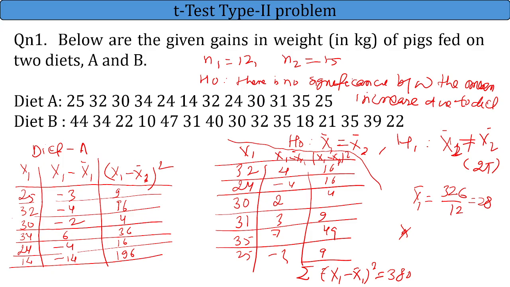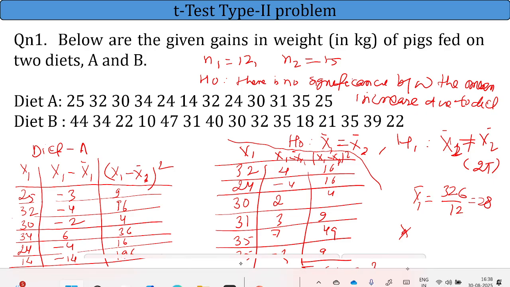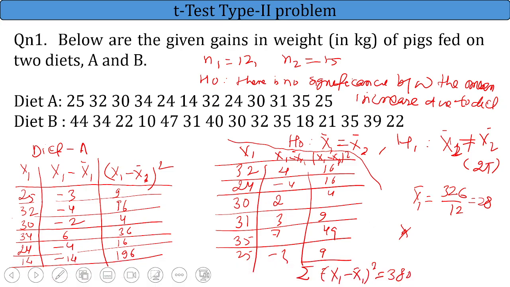Okay, just do it till here, then we'll go with diet B. Shall I go for the second one, or shall I wait? Shall I wait? No, sir. Okay, okay.